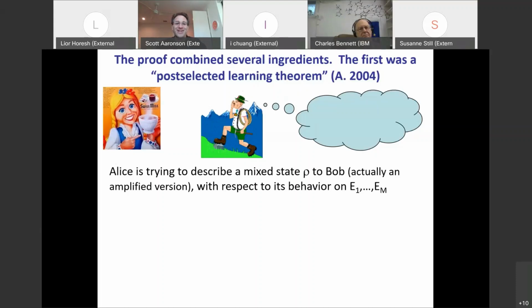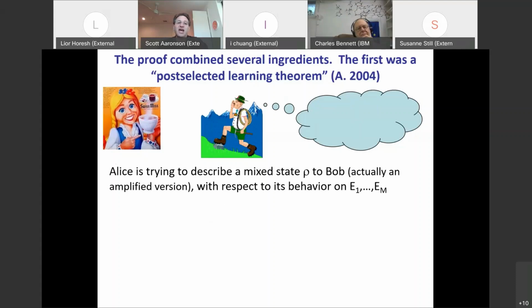Okay, but I was interested in a scenario where Alice has a quantum state rho, which she is trying to describe to Bob, let's say with respect to its behavior on M different measurements, E1 up to EM.